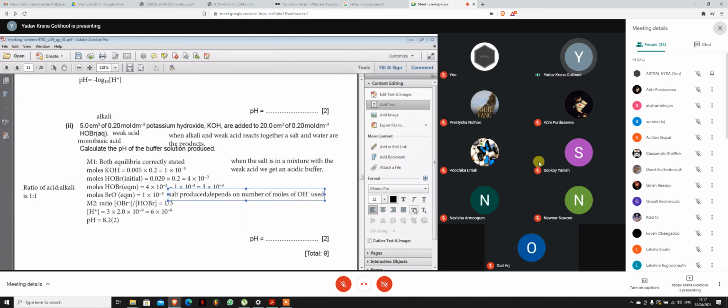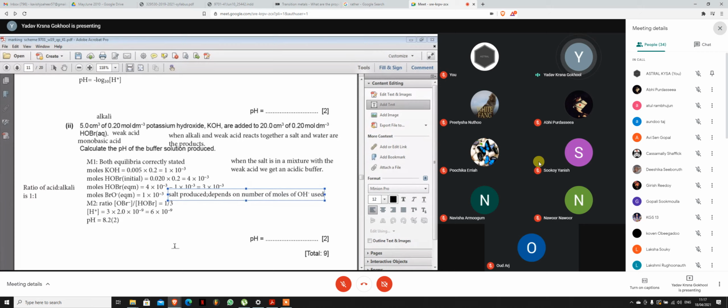I believe it is 1:1. So you get 10 to the power of minus 3. So if you get all of these, you are getting 1 mark. Then for the second mark, no need to follow what Cambridge is saying over here. You have what you call a formula for buffer.